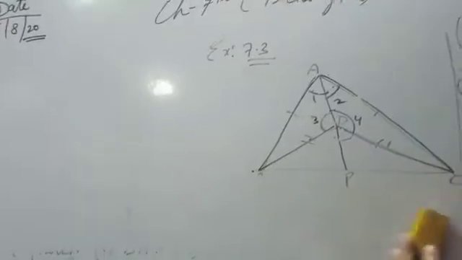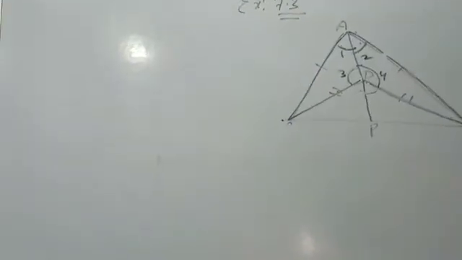Now the last part is left for the proof. Here you can see, in the last part we have to prove AP is a perpendicular bisector.